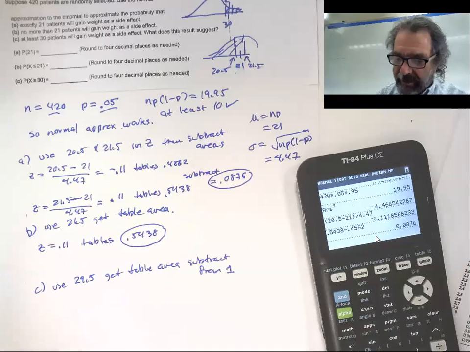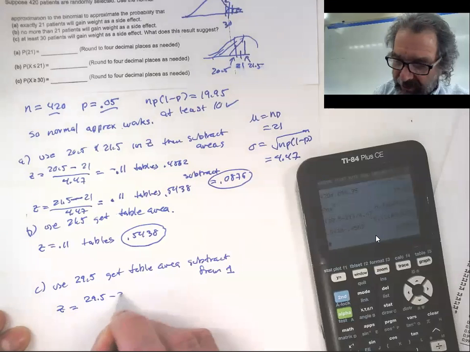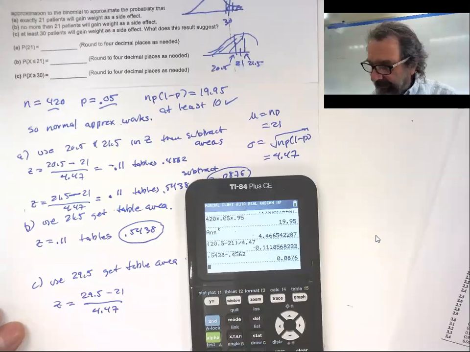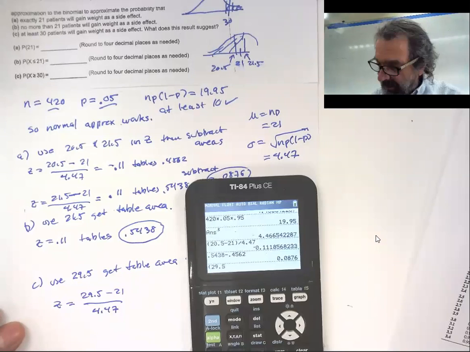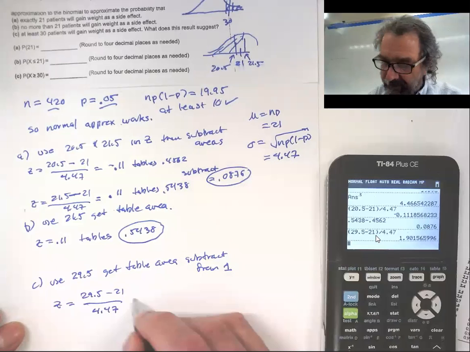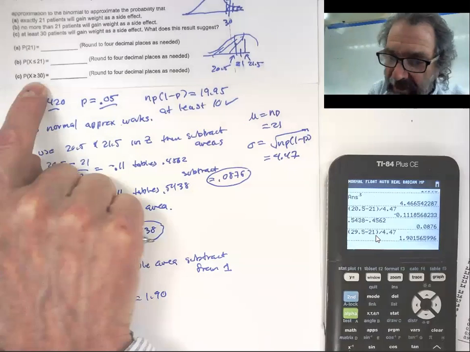So we go ahead and compute Z for that. 29.5 minus 21 over 4.47. All right, here it comes. 29.5 minus 21 divided by 4.47 is 1.90. Now we want the chance that at least that number, so what's in the tables is not the right answer.